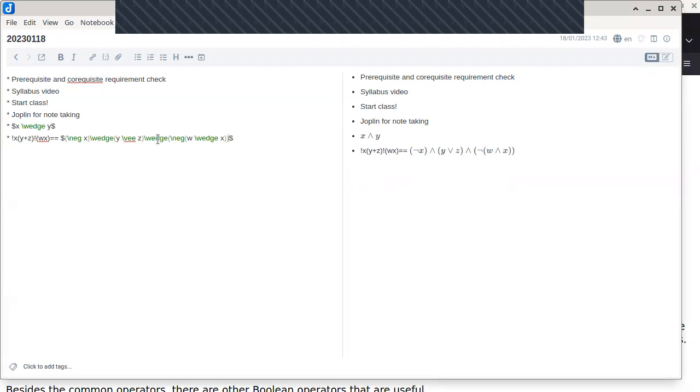I don't want to cause any confusion, because a single equal in programming is assignment. It is not comparison. So I try my best to be clear and not cause any confusion. Is that okay? Does everybody understand how we use the alternative representation of the Boolean operators and how we assign operator priority to those operators?